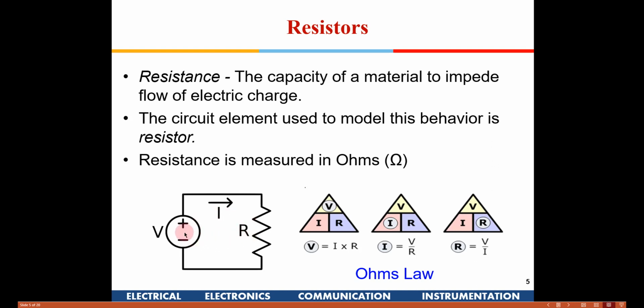The relation between voltage, current, and resistance is given by Ohm's law: V is equal to IR, or I is equal to V by R, or R is equal to V by I. This is one of the very basic equations which we use.